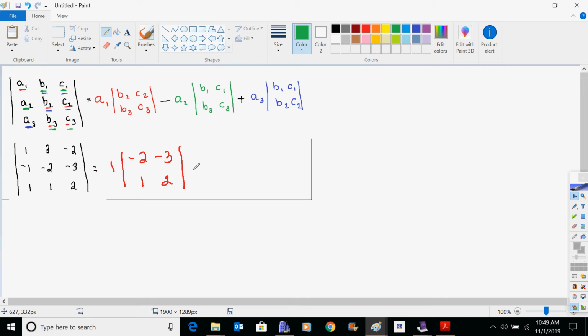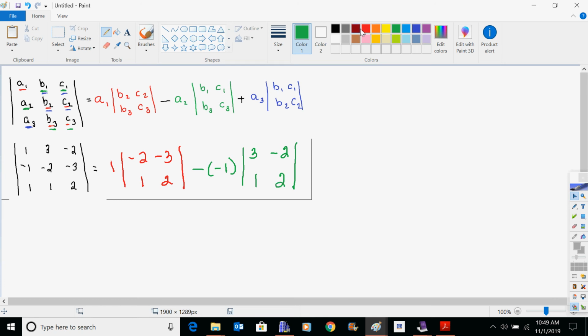Then we need to subtract, and then what number? -1 times what goes up top? Which one? 3? A2 is -1. It'll be a plus when we're done. Yeah, I'm just putting in numbers now. So the top will be 3, -2 from here, and then 1 and 2 from the bottom.